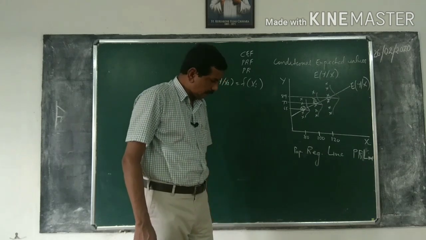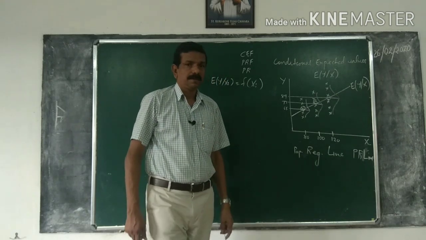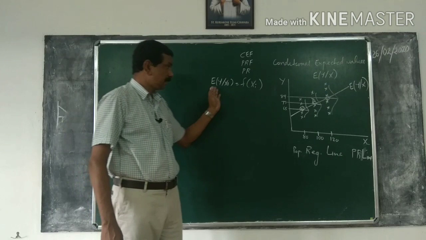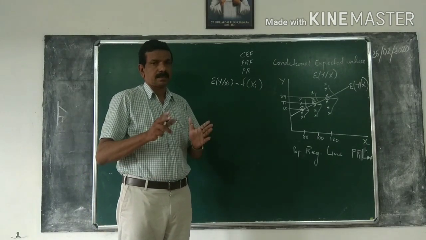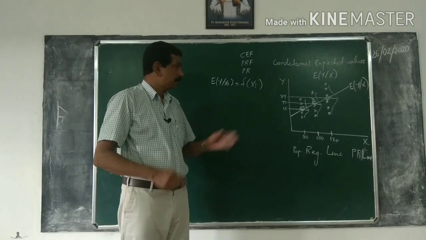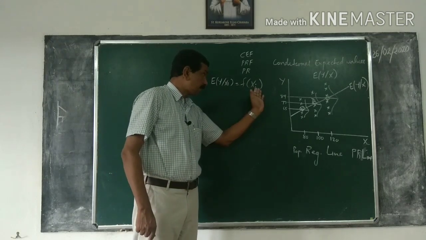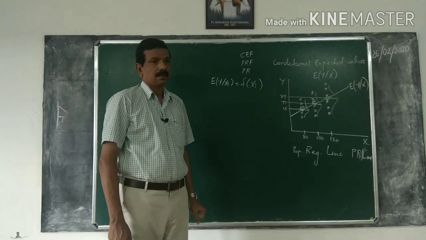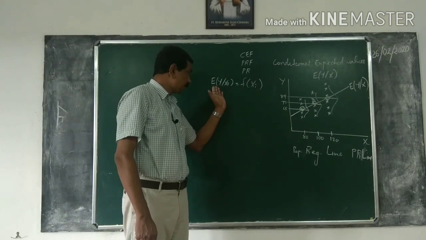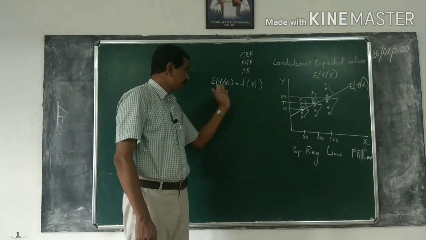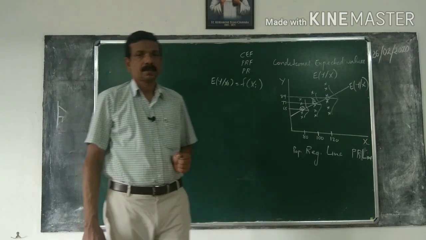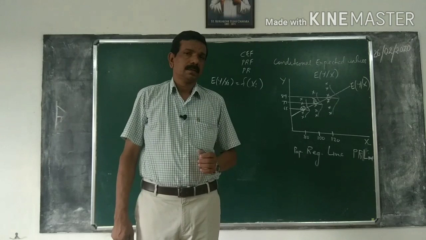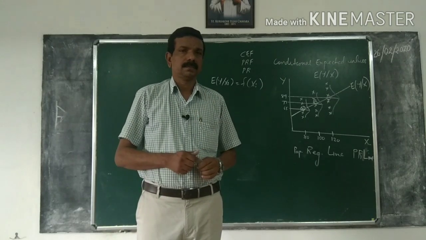Now a question is, if expected y given xi is a function of xi, what is the functional form? What is the nature of the relationship between expected y given xi and xi? This is an empirical question.